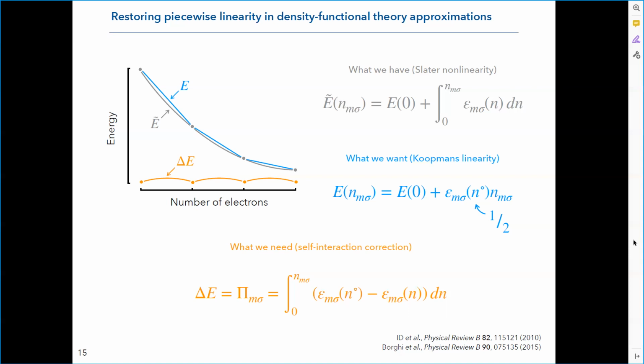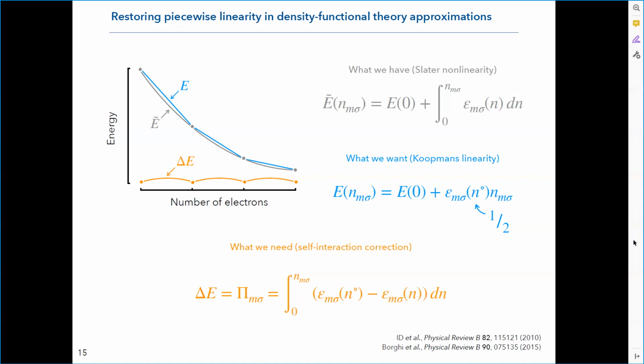And if you take the difference between the two, like we did for the Hubbard functional, what you obtain is this pi deviation from linearity for a given orbital that is nothing else than the integral of the reference orbital energy minus the energy that you calculate along the increase of the frontier orbital number.